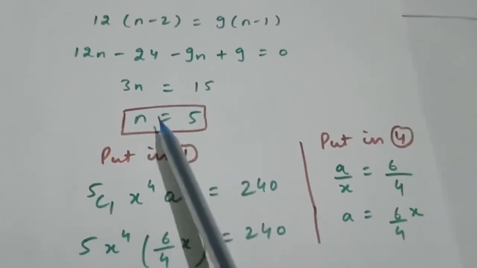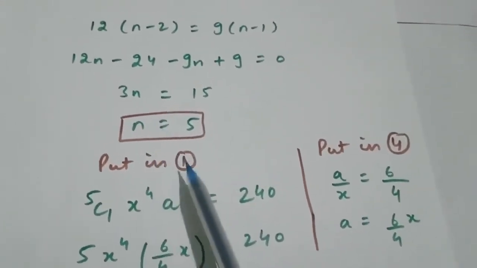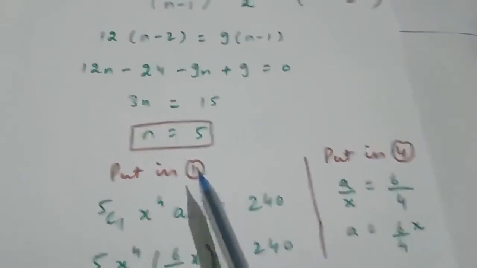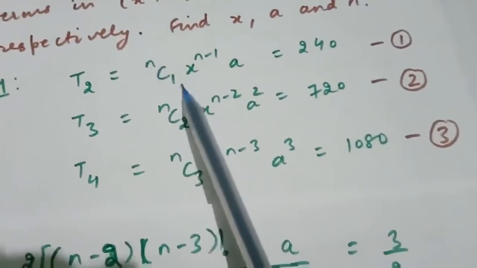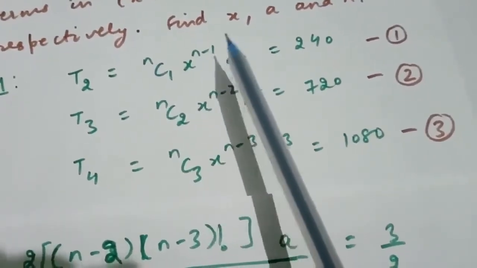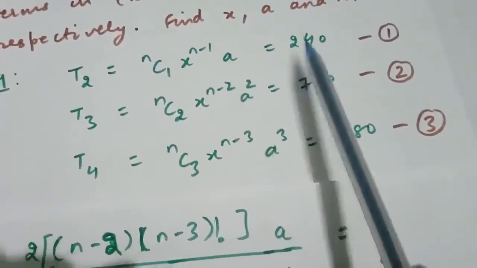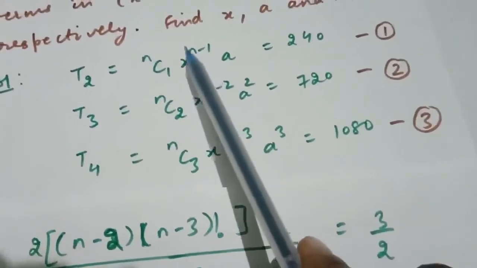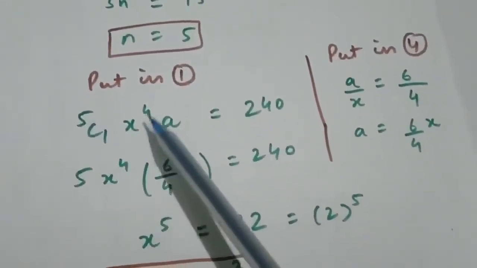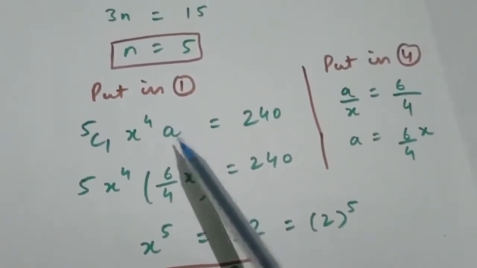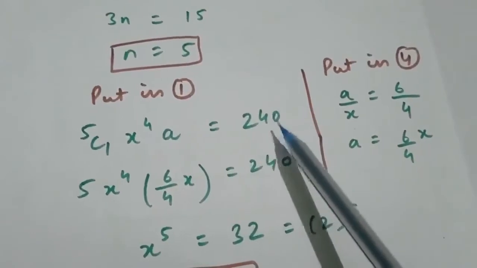Now we will find the value of x and a. So now put in 1. 1 was this second term, which is nC1 x raised to the power n minus 1 into a equal to 240. Now in place of this n, we will write the value of n, which is 5. So you will get 5C1 x raised to the power 4 into a is equal to 240.